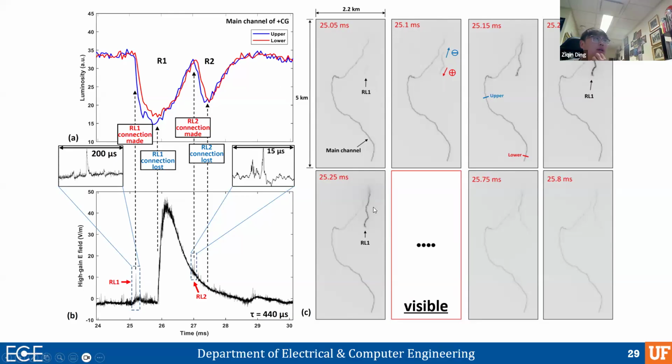And after the recoil leader loses its connection to the continuous current channel, the luminosity starts gaining back to the original level.